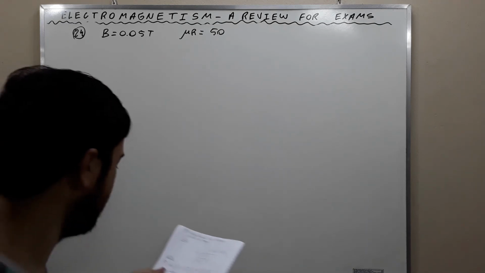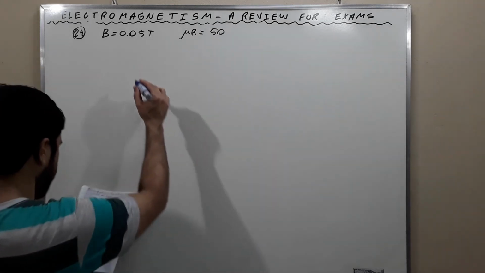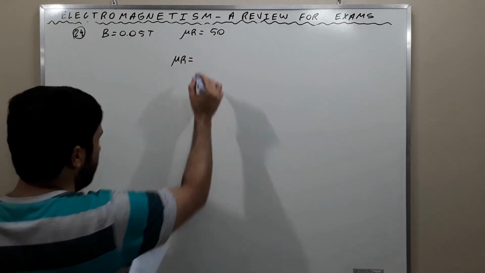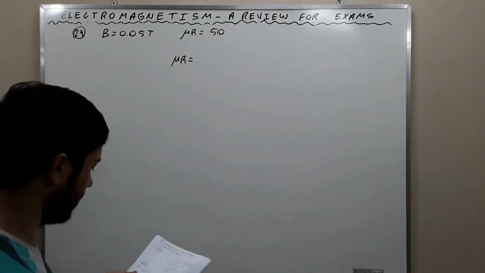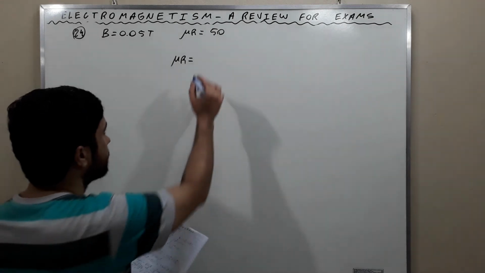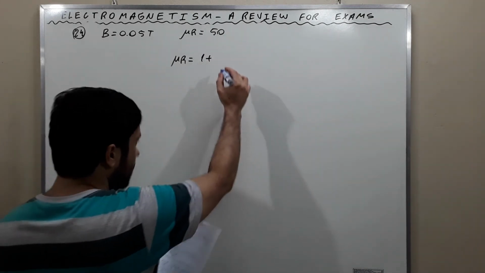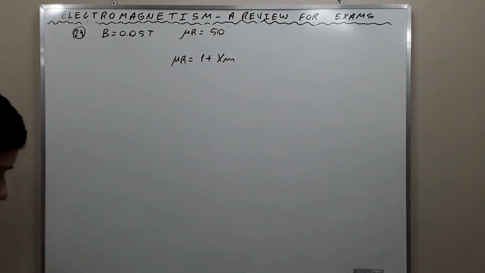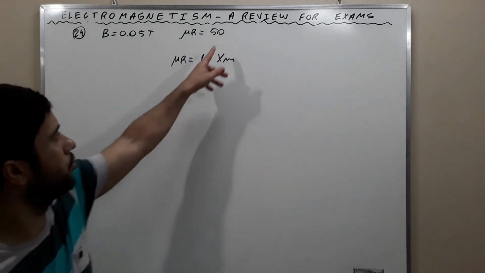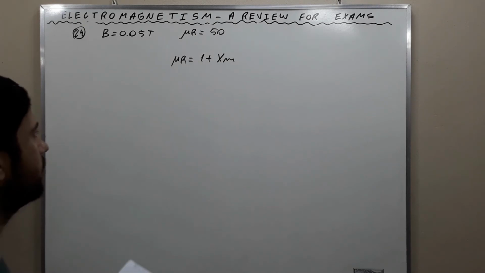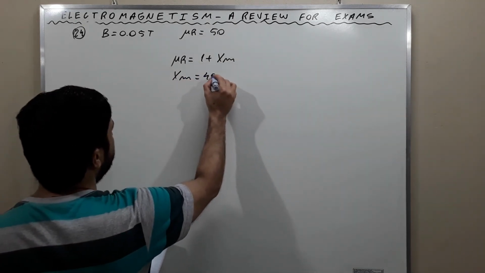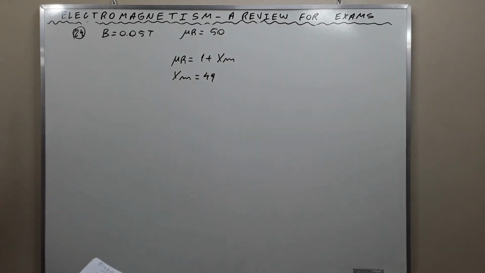Let's solve it. The solution will be, since the relative permeability is related to the susceptibility as 1 plus χm. So we use the value of 50 and discover that the susceptibility is equal to 49. Very easy.